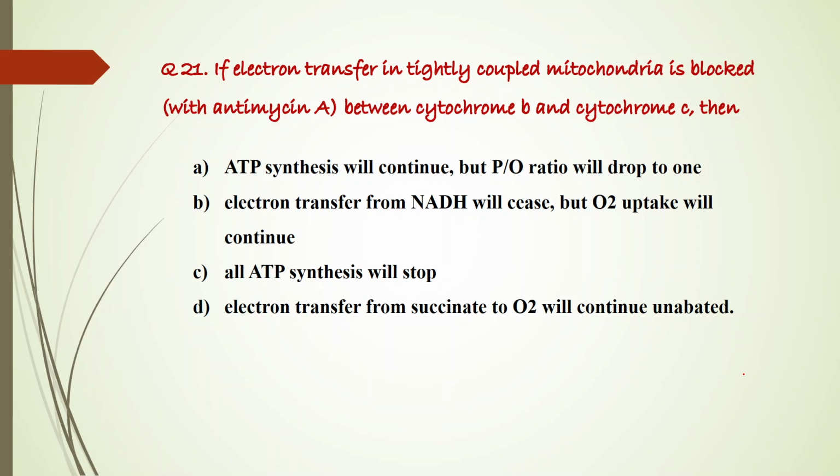Moving to the next one, it says: if electron transfer in tightly coupled mitochondria is blocked with antimycin A between cytochrome B and cytochrome C, then what will happen? Now, if you go through all the reactions of complex 1, 2, 3 and 4, especially complex 3, you will be able to see that both cytochrome B and cytochrome C are involved in complex 3 reactions.